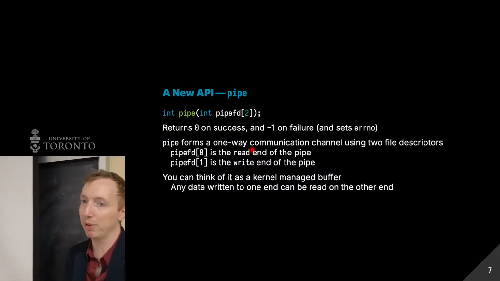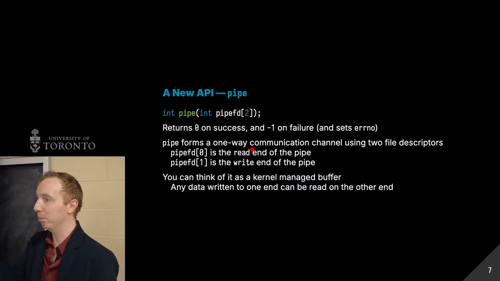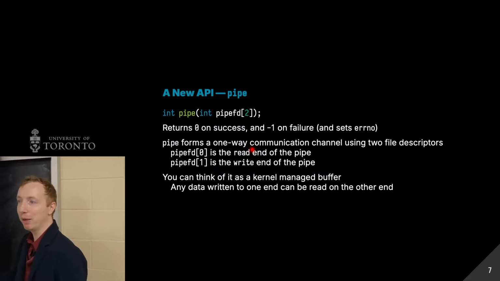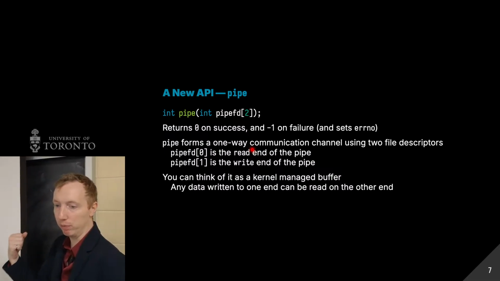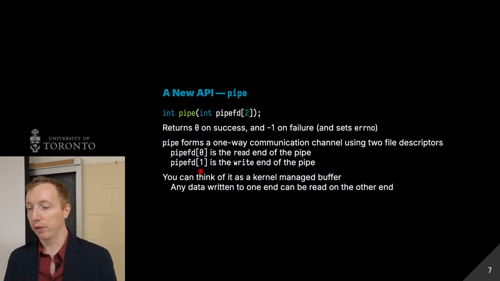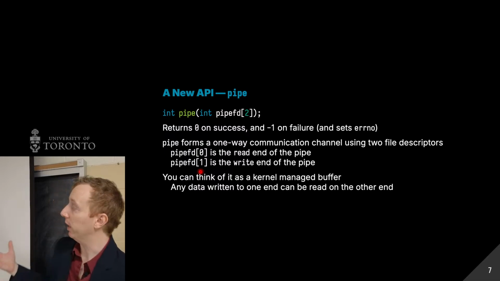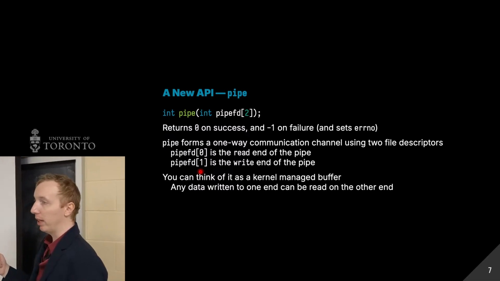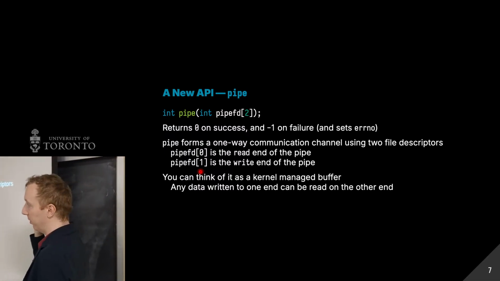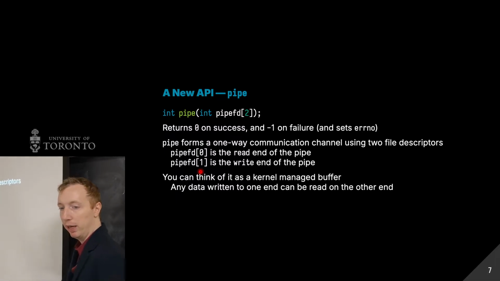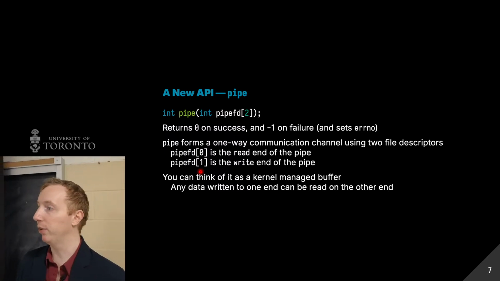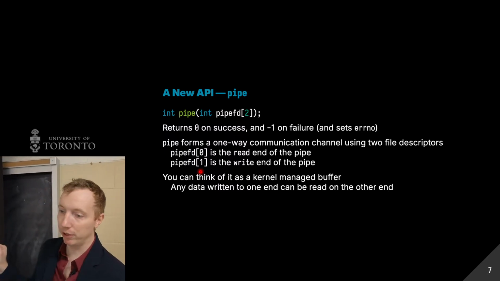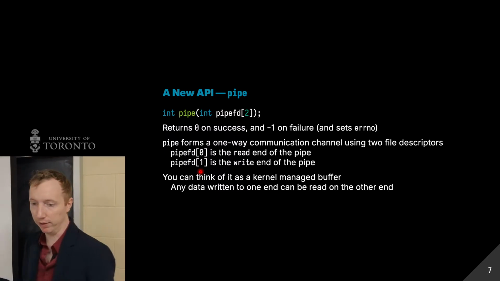You can think of the pipe as just like a kernel-managed buffer, a dumping ground for information in the kernel that you can send bytes to and read bytes from. So the file descriptor at index 1 is the write end of the pipe, so I can use the write system call to send bytes into the pipe and use the read system call to get bytes out of the pipe. And I can actually use that, if I'm clever enough, to do communication between processes.